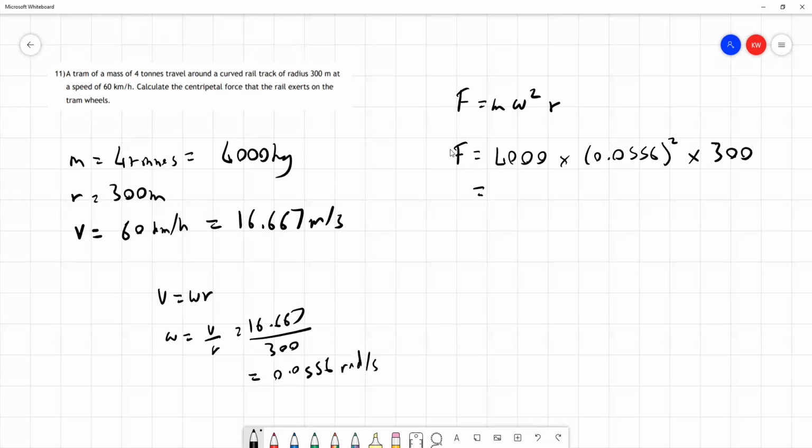Putting this into our calculators, what we come out with here is 3,703.703 newtons. Always remember our units, they're important as well. So that's a centripetal force acting inwards to the circle that has been turned by the tram moving around the curved track.